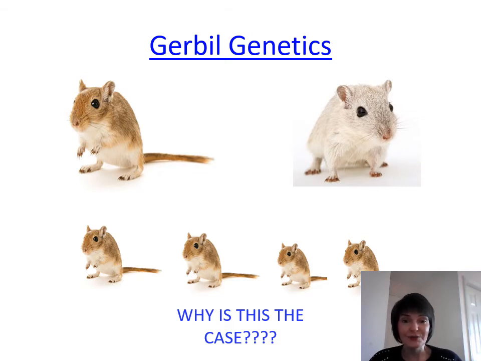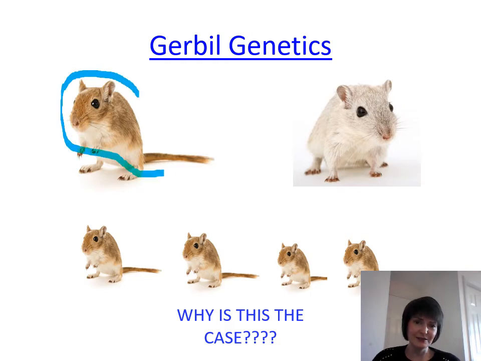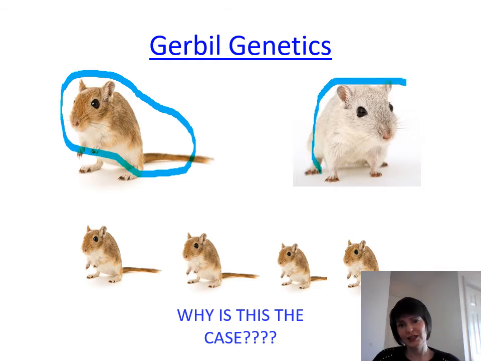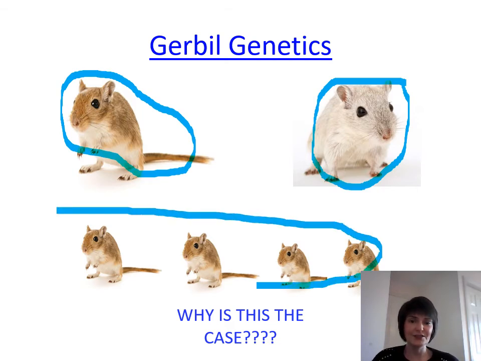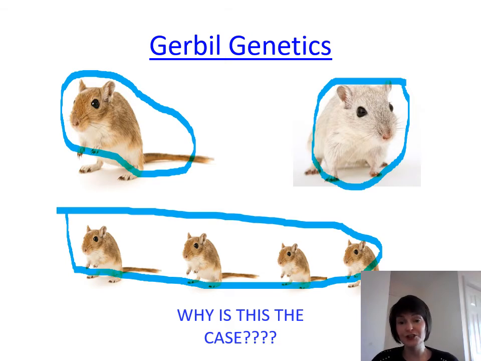And mummy and daddy gerbil have produced these 4 beautiful brown gerbils. So what we've got is Frank and Sandra, and we've got Big Frank here, rocking the brown fur. And here's Sandra, looking absolutely stunning in her white fur. And what they have produced is 4 beautiful brown fur gerbils.